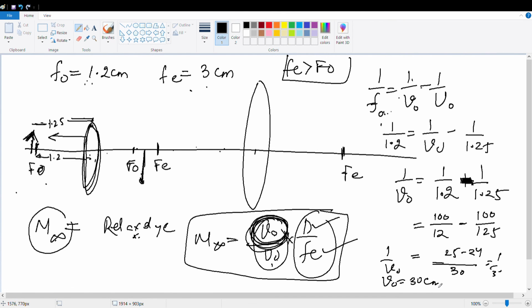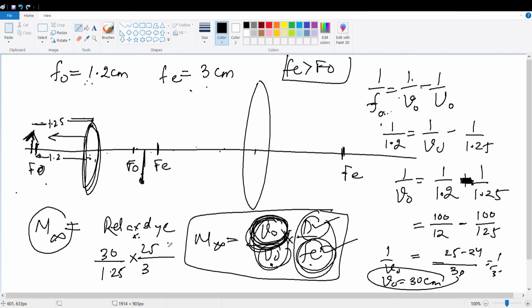30 centimeter. That means your image will form very large. Let us substitute. Now you got 30. This is 1.25, this is 25, and F E is 3 centimeter. So 30 by 1.25 times 25 by 3.